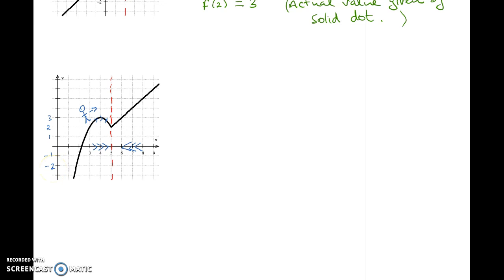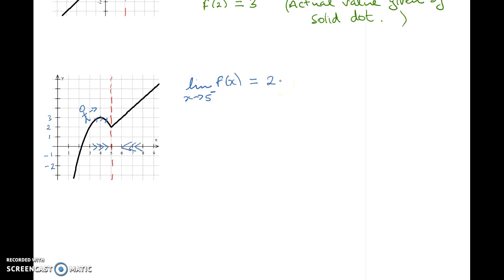So we would say that the limit of f of x as x approaches 5 from the left, the little minus indicating you're coming from the left, is 2.